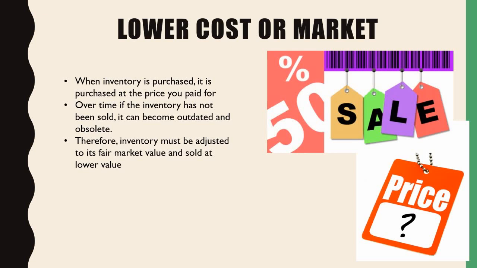Then the cost is going to rise and increase. So that's also an example of how it would increase versus decrease, depending on what the inventory item is and how you sell it. Of course, at that time, we also have to lower your selling price as well.